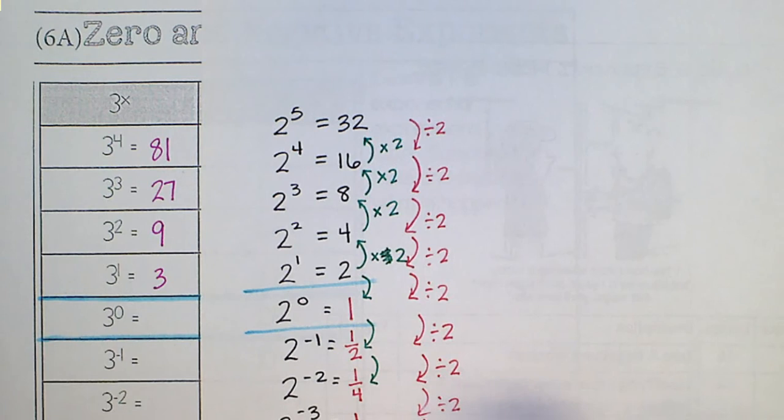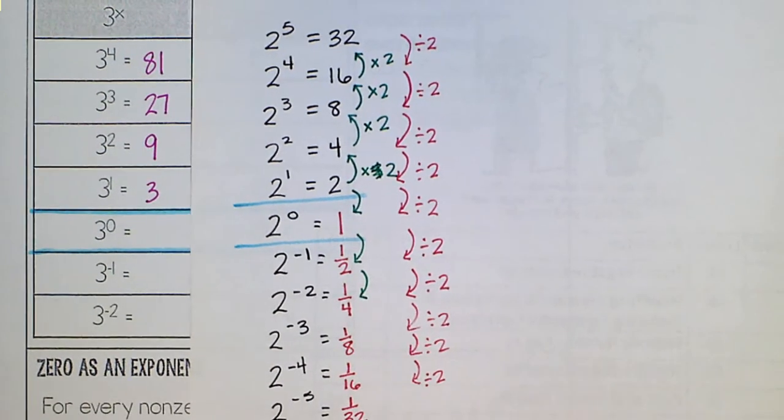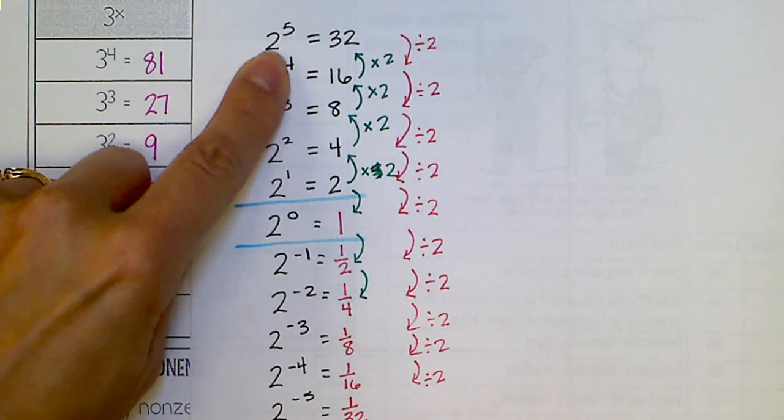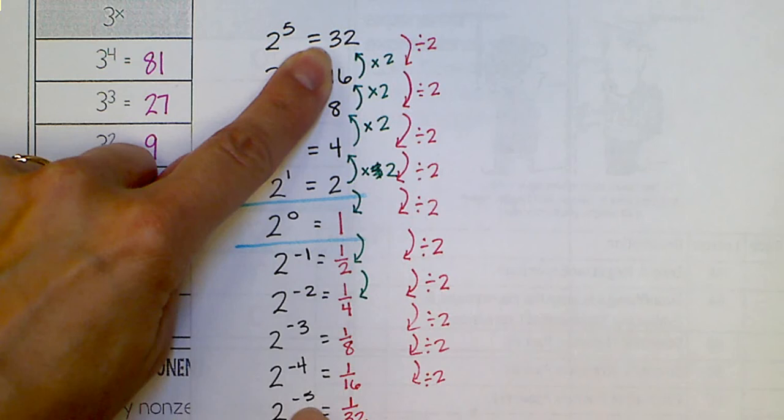And if we do that divided by 2, we get 1 over 32. So some of you may start to notice a pattern. Oh, look at that. 2 to the 5th was 32, and 2 to the negative 5th was 1 over 32.